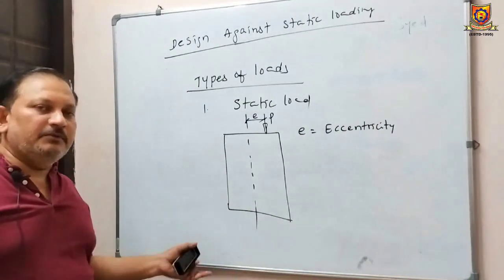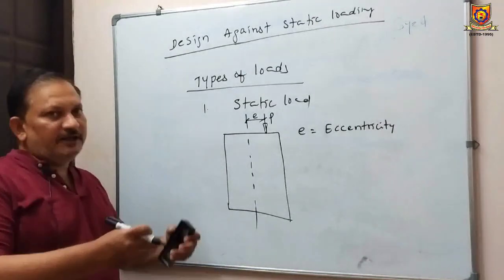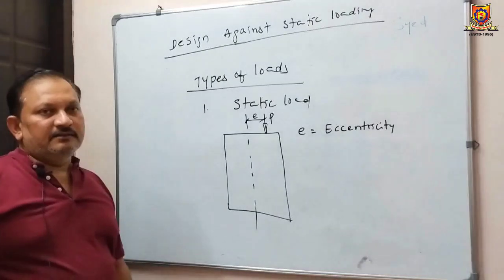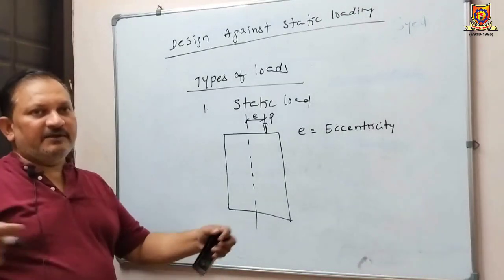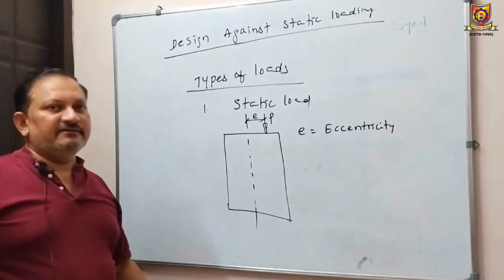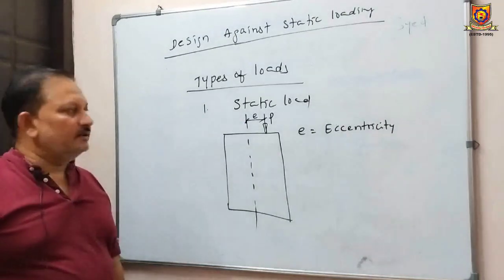In the earlier example you have seen that the machine component is subjected to only axial loads. It means that the line of application of the load is along the axis. That's why the previous type of examples are called axially loaded members.